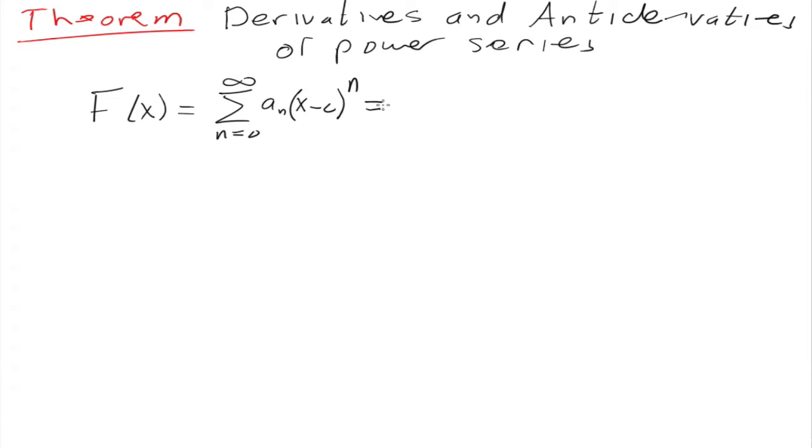Let's write out a few of the terms so that it's a little easier to see. What does the first term look like? a sub 0 plus a sub 1 times x minus c, plus a sub 2 times x minus c squared, plus, and so on and so forth, right?